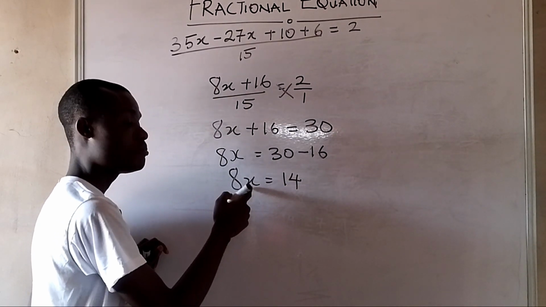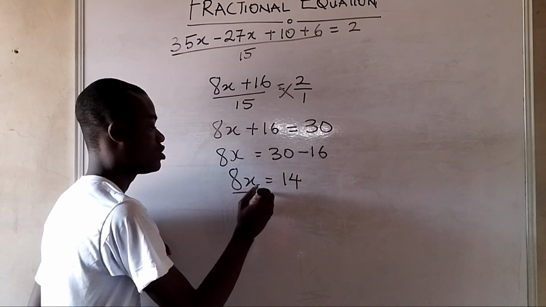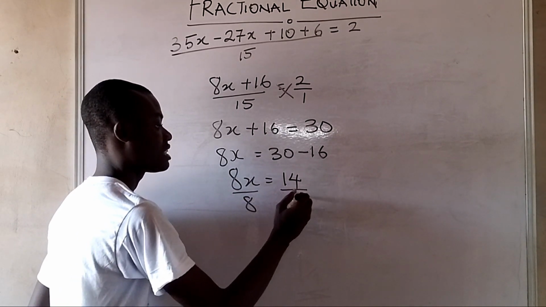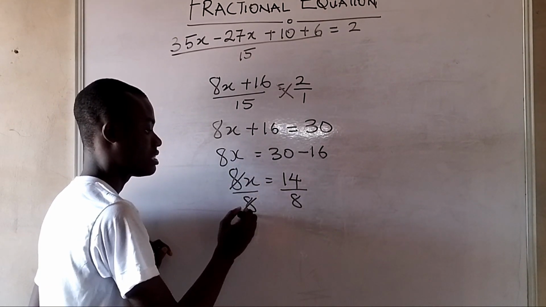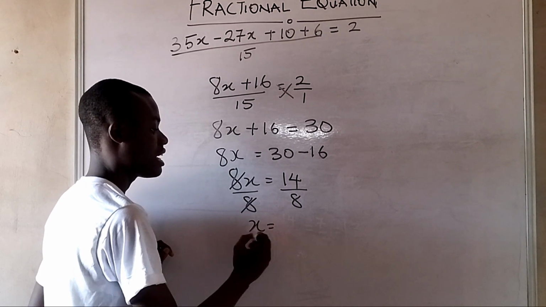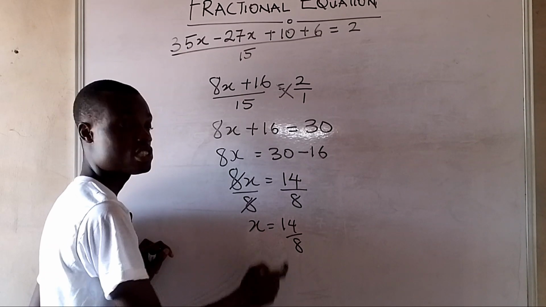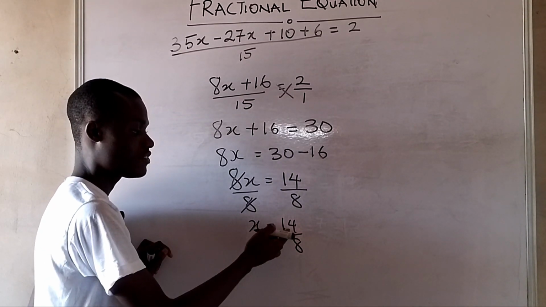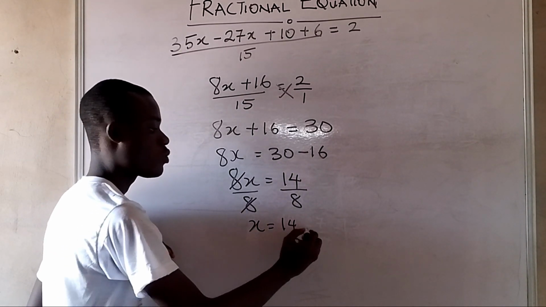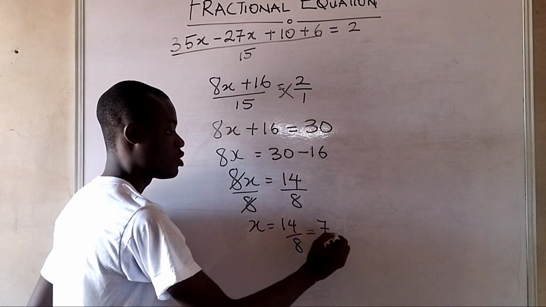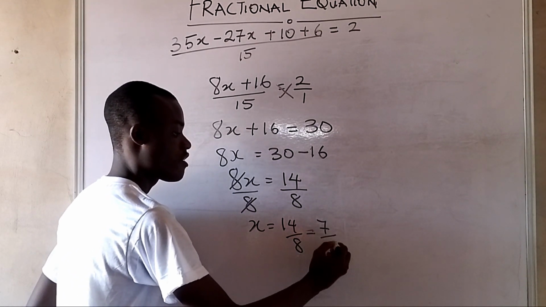So remember, we have to divide both sides by the coefficient of the unknown, which is 8. So divide this side by 8 and divide this side by 8. 8 will cancel out 8. So when 8 cancels out 8, x is equal to 14 over 8. But we can reduce this fraction in the sense that 2 can divide 14 and 2 can also divide 8. When 2 divides 14, we have 7. When 2 divides 8, we have 4.